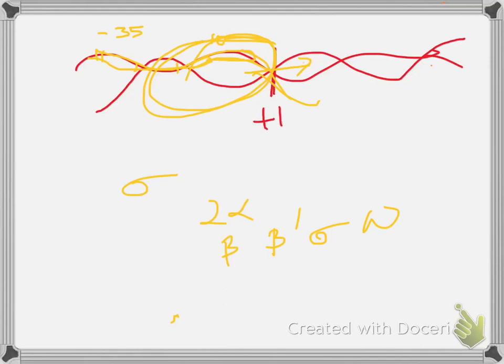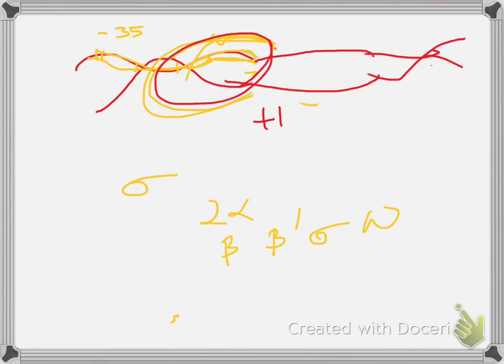That is here. When the RNA polymerase moves, it unwinds the DNA and adds the nucleotides, and the primary transcript forms like this.